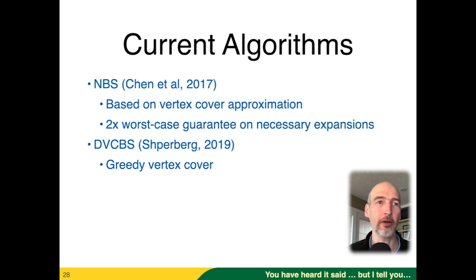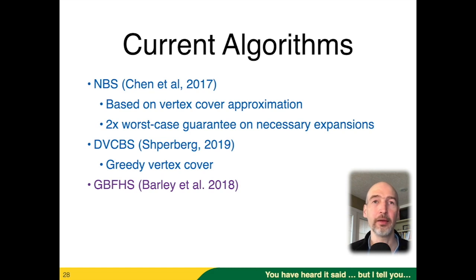Alternately, we have other algorithms. GBFHS has used the epsilon assumption. And NBS can also use that epsilon assumption, but in the original work, it wasn't directly described there. And so what it means is that when we add these different assumptions, we get somewhat incomparable algorithms.